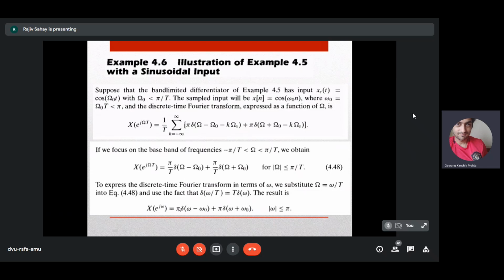Then you get π delta of small omega minus omega naught plus π delta of small omega plus small omega naught. This is the Dirac delta function, so it follows this formula. Are you all able to see my cursor? Yes, sir. So that is how you got from here to here. Now you have the DTFT expression in terms of small omega.